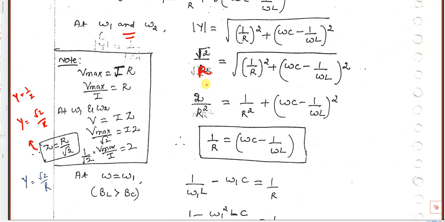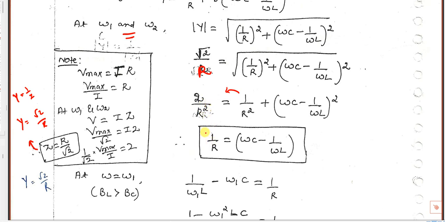You have to square both sides. Root 2 whole square is 2, so 2 by R square equals 1 by R square plus (omega C minus 1 by omega L) whole square. If you bring this to the left side, you are left with 1 by R square common, and 2 minus 1 is 1 only.